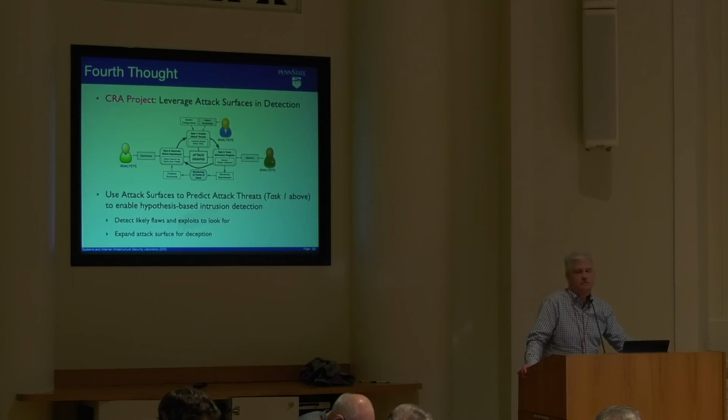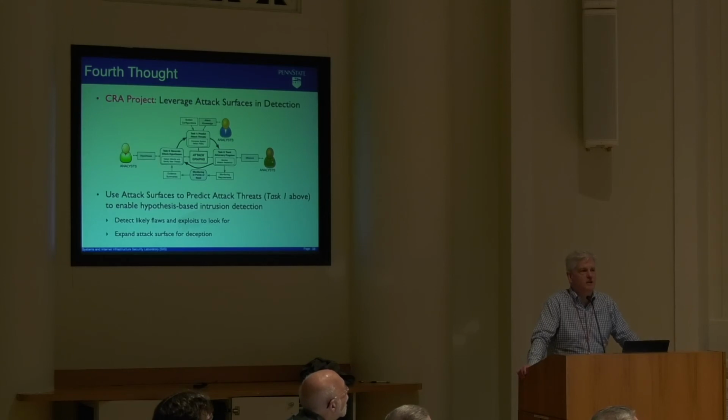But also, related to what Kevin was talking about earlier, from a deception standpoint, if we can understand the attack surface, we can also reason about how we can expand the attack surface in order to do deception and try to identify adversaries more quickly in this detection space. And so both of these dimensions are driven by this notion of understanding what the attack surface is and utilizing that as a principle for guiding our management of defenses.